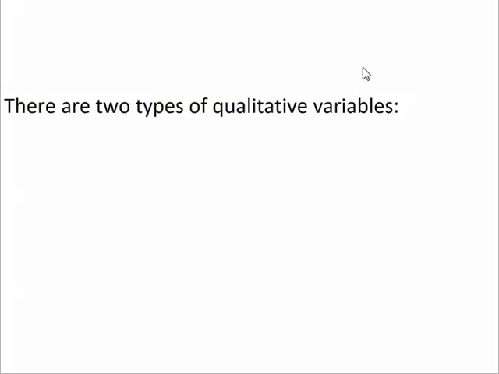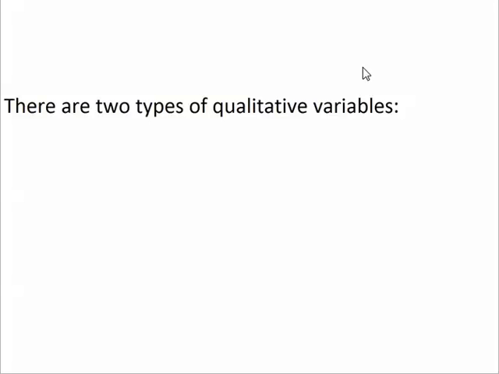The opposite of an ordinal variable is a nominal variable. So ordinal and nominal variables are the two types of qualitative variables. We said that an ordinal variable is a variable in which the possible categories follow in order from lowest to highest.